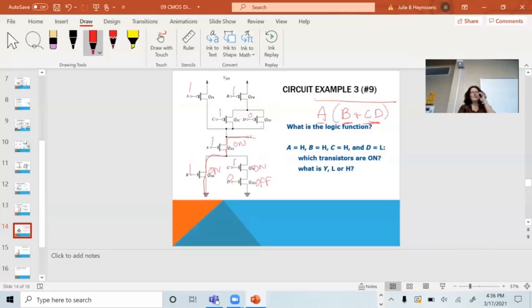A lot of times it's harder flipping. The way I design these, I draw the NMOS network first because it makes more sense to me. And then I take the NMOS network and I say, okay, these are in series, they now have to be in parallel. And then these are in parallel, they now have to be in series. But if it's a function like this, I sometimes have trouble.